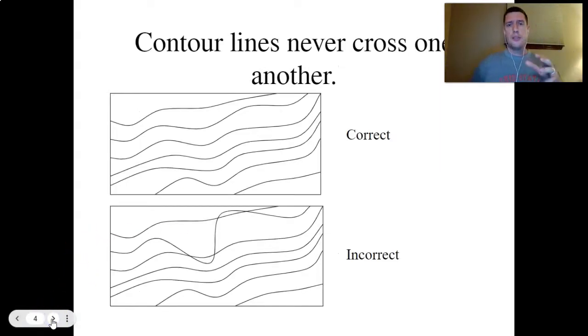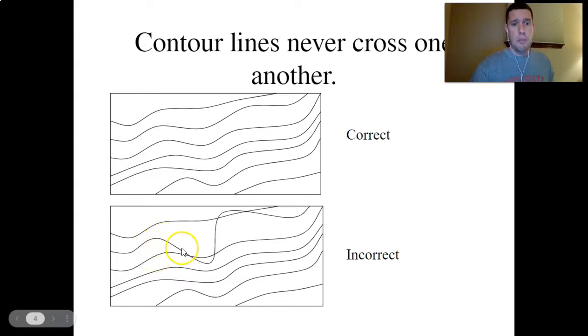Okay. As you saw in a lot of your experiences and demonstrations, these contour lines will never cross each other. They won't cross 1, they won't cross 3, they won't cross 5, they won't cross any. Because a spot on a map can't be, let's say this line is 100 feet. And let's say this line right here is 120 feet.